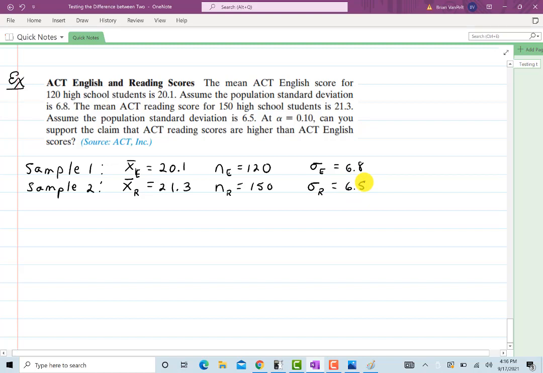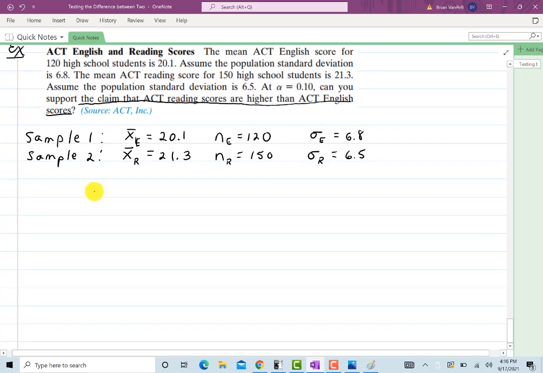And what is going on here? Can you support the claim? So the claim that ACT reading scores are higher than ACT English scores. So we want the claim is that the English scores are, well, we could do this.